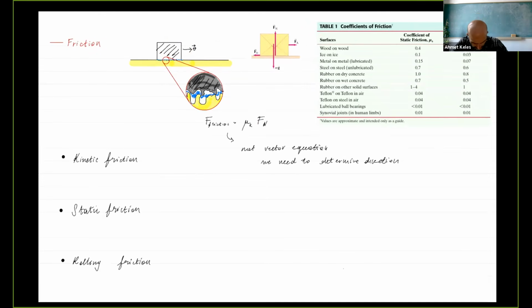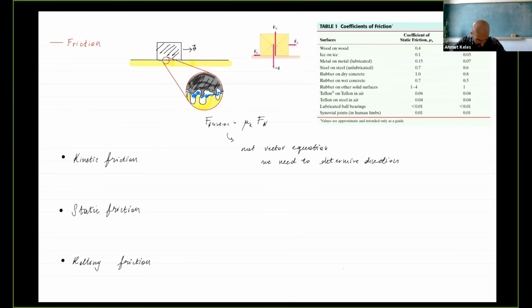And here is a table for this from your book. For example, they give you both the static friction and kinetic friction. And they have different materials, like for example, wood on wood is 0.4 when it's static and 0.2 when it is kinetic.